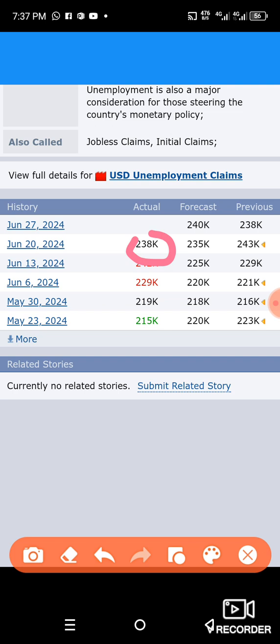Now that day, USD will buy because actual is lesser than previous, which is 243. Yes, is lesser than this, which is 243. This is telling you that the number of people that are unemployed in US for that week is less. The number of applications that they have in US that day is less.